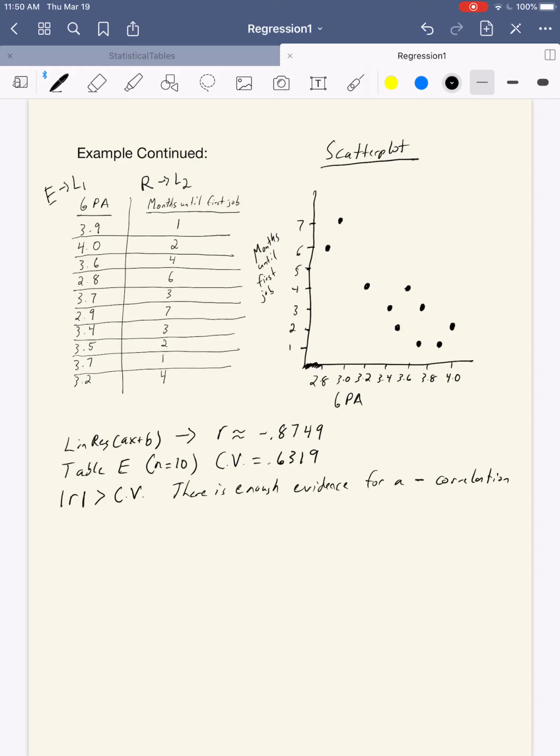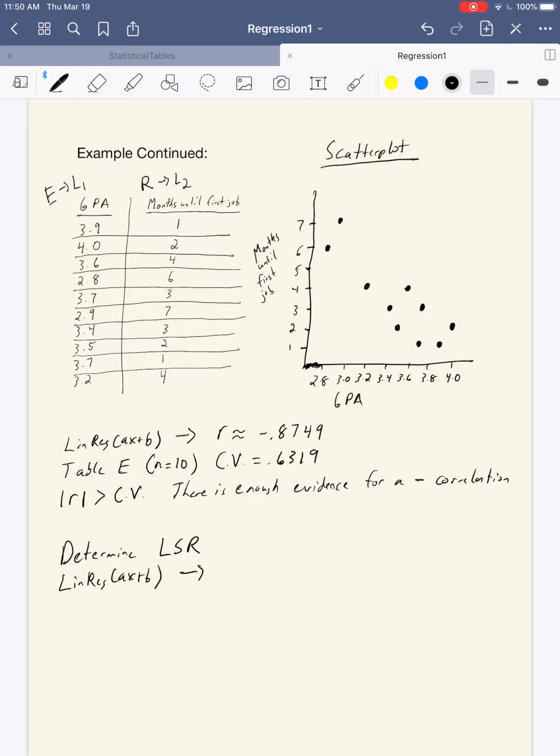All right. You should still have the data in your calculator here. Let's go ahead and determine the LSR. So what we're going to do is run that lin reg ax plus b again.